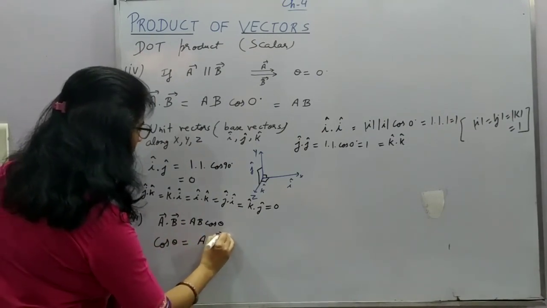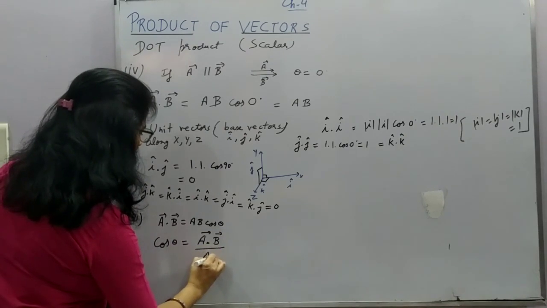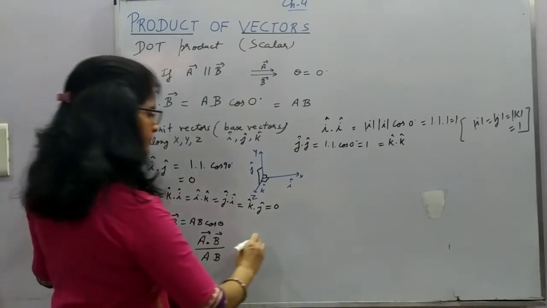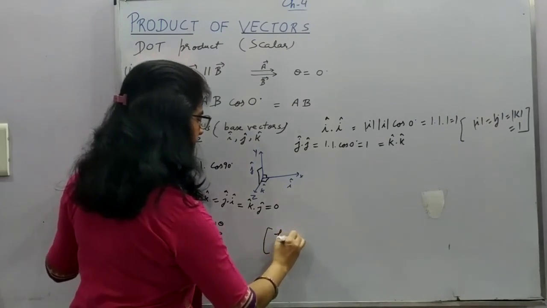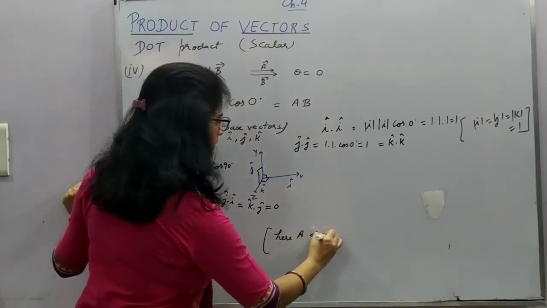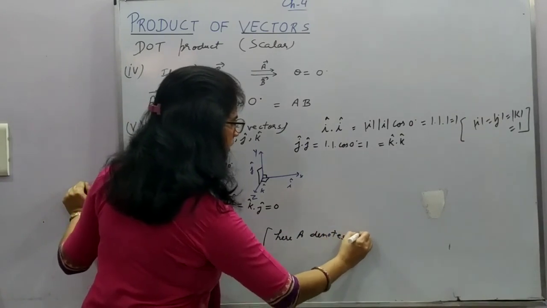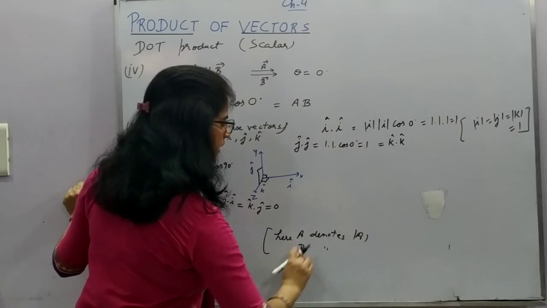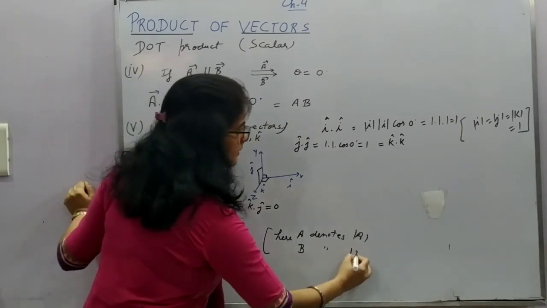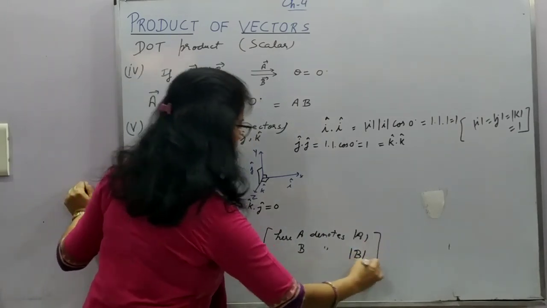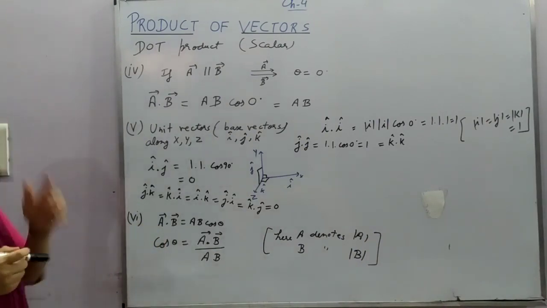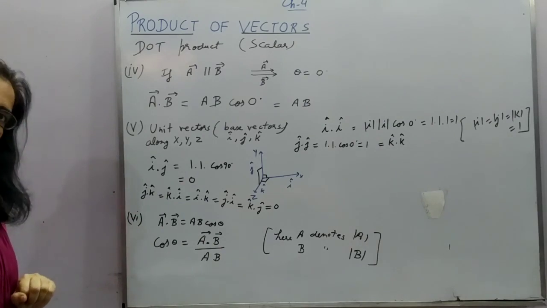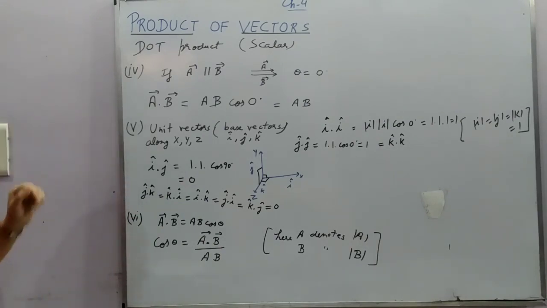A dot B vector upon magnitude of A into magnitude of B. Because if we are simply writing A, that means it's magnitude of A. If we are simply writing B, this means this is the magnitude of B. Right? Now, let me tell you how to calculate A dot B vector if you are given two vectors. So, I'll rub the board now.